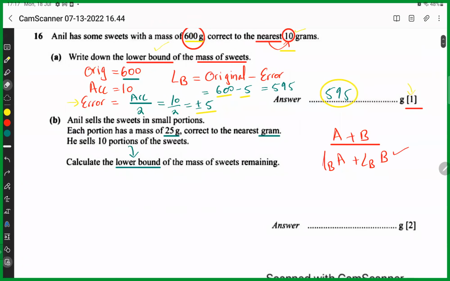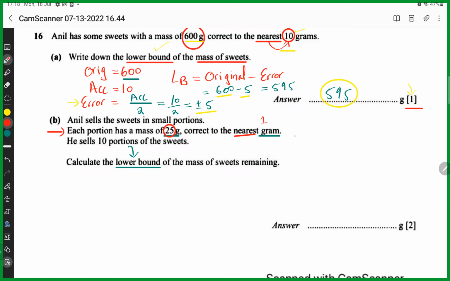Okay, first of all, let's forget about this part. Let's just revise old contents. Let's focus on this statement only. Each portion has a mass of 25 grams. Now, this is your original quantity, correct to the nearest gram. When you do not have a number after nearest, it means it's 1.